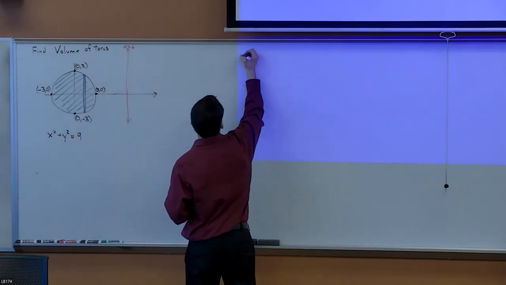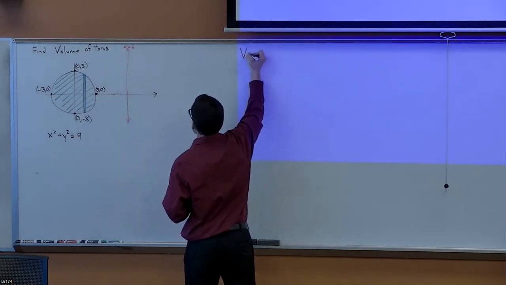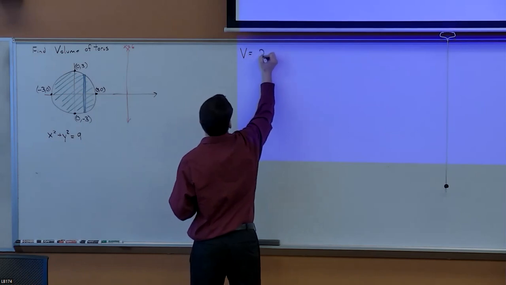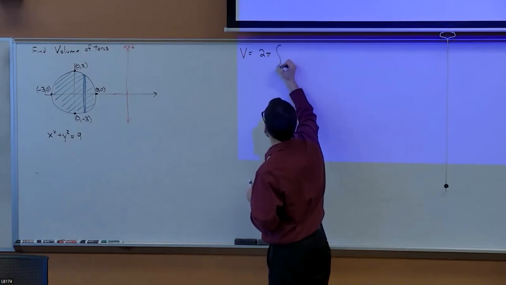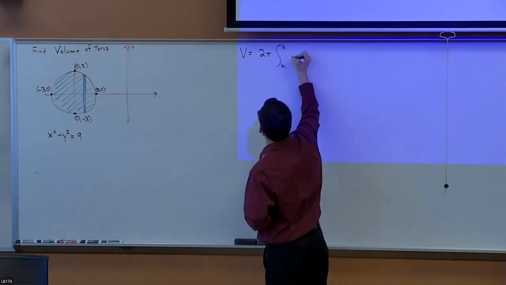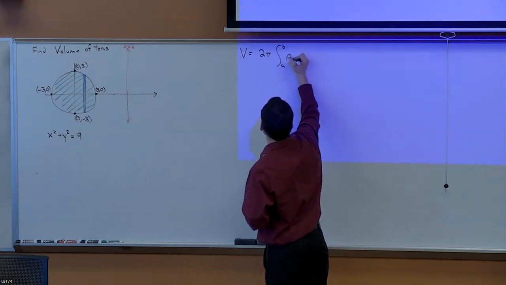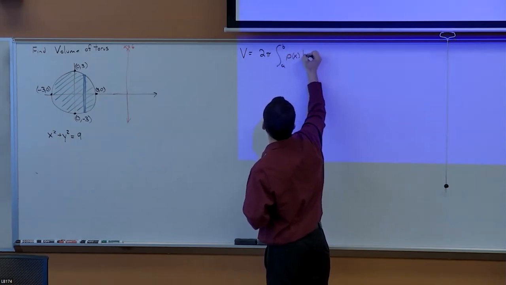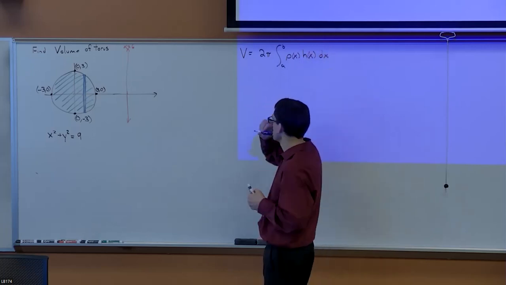Because we're using the shell method in this way, the volume of the torus created by the circle, we're going to find by integrating with respect to x: rho of x times h of x dx.